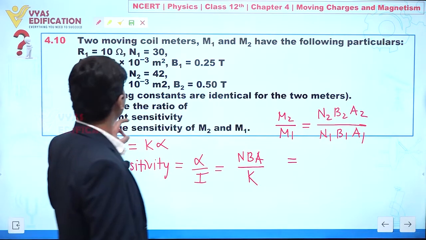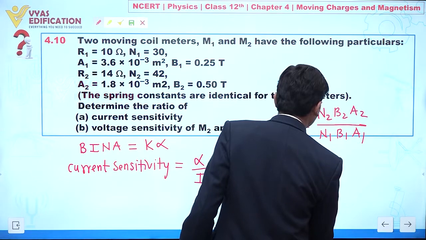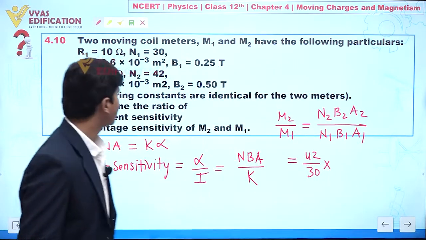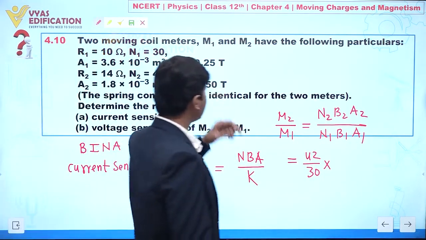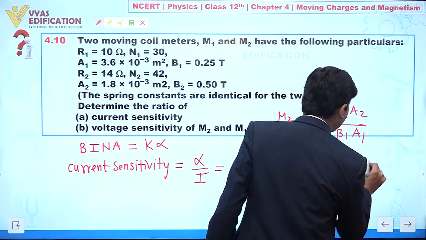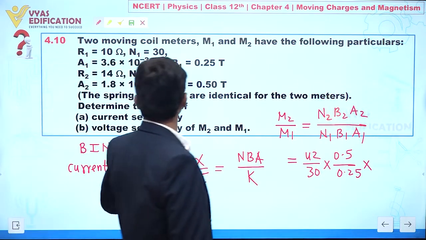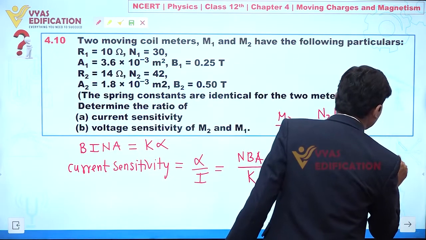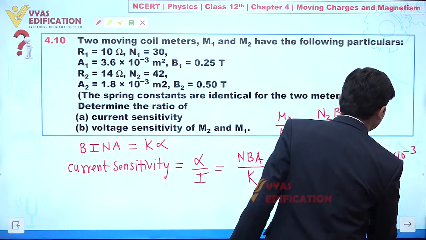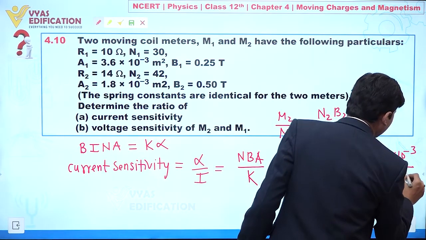N2 is given as 42, so 42 by 30, times B2 by B1, with B2 given as 0.5 and B1 as 0.25, times A2 by A1, where A2 is 1.8 into 10 to the power minus 3, divided by 3.6 into 10 to the power minus 3.